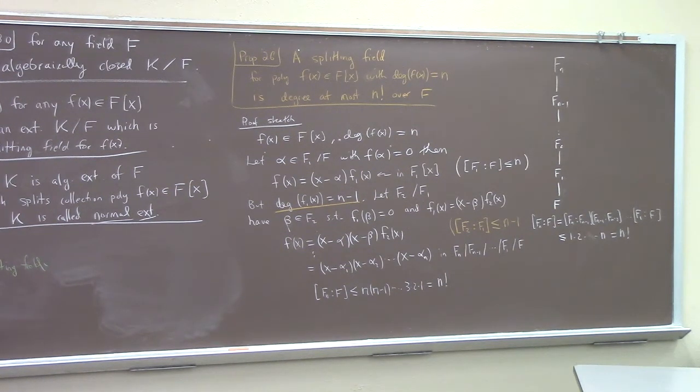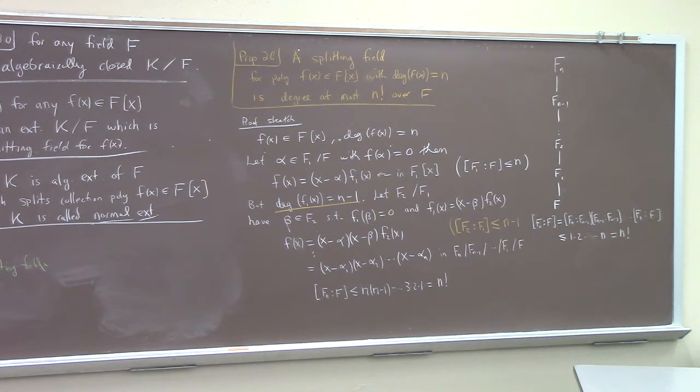But that doesn't really matter. It's an observation, not part of the theorem. The splitting field is a subset of the algebraic closure, like the example we already saw: the algebraic closure of the rational numbers is bigger than the splitting field of the rational numbers with respect to x squared minus 2. All right, anyway.